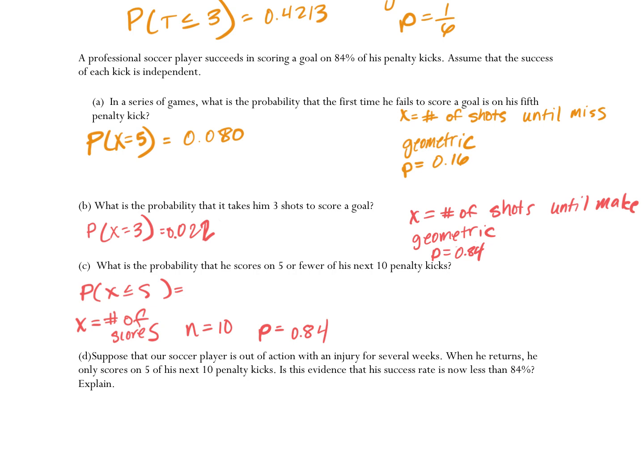What should I pick on my calculator? Binomial, because this is now a binomial distribution, because we have a set number of trials and X is a number of successes. And we'll use binomcdf, right? I don't know the answer. I know it's a relatively small number. 0.013.